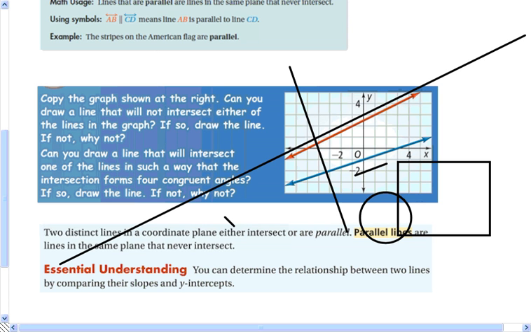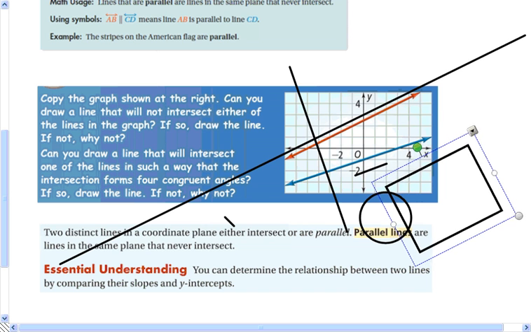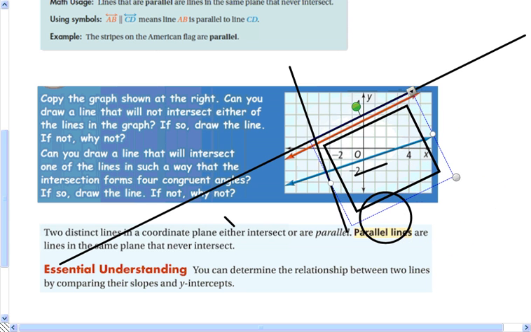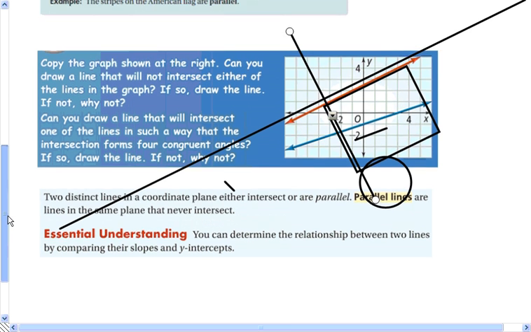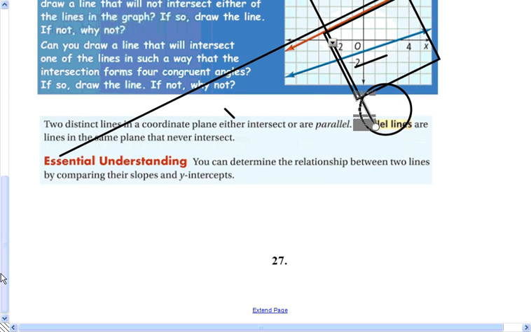If I put that up along one of these lines, say this red line, and make it perpendicular, then I can use that to help me find a perpendicular line. Now we're going to use some other ideas to help come up with those perpendicular lines.